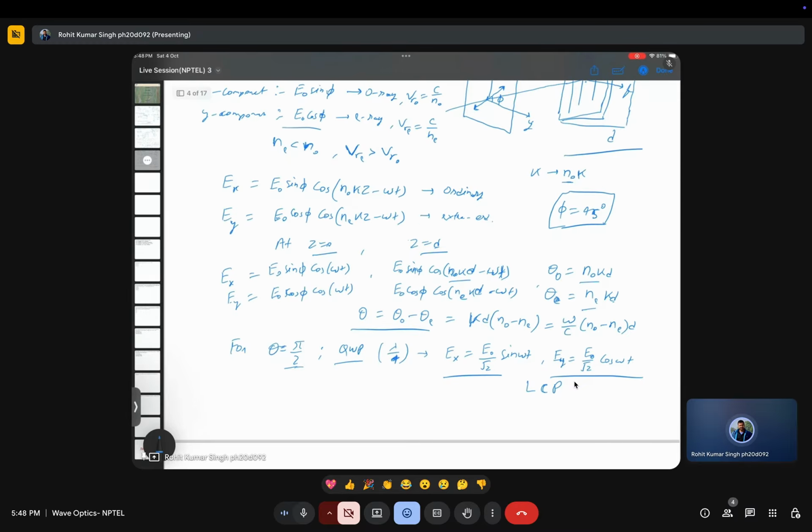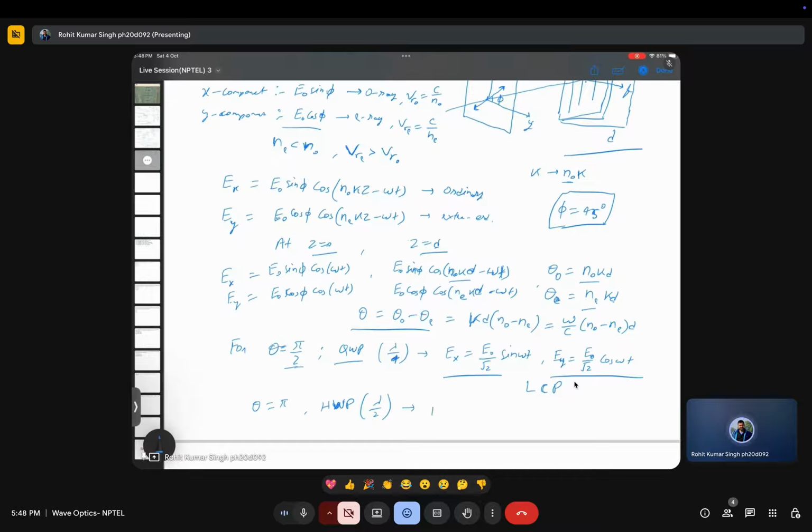And you can also have a phase difference of pi, which is called a half wave plate, because pi corresponds to half of the wavelength.